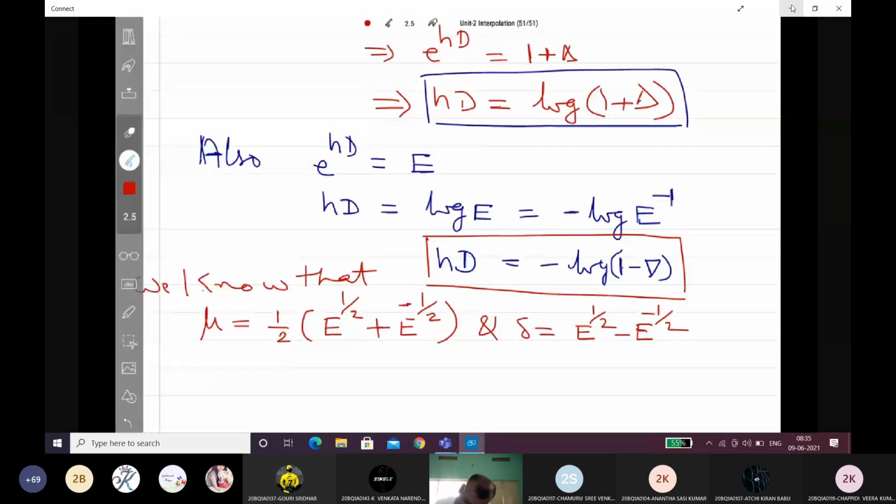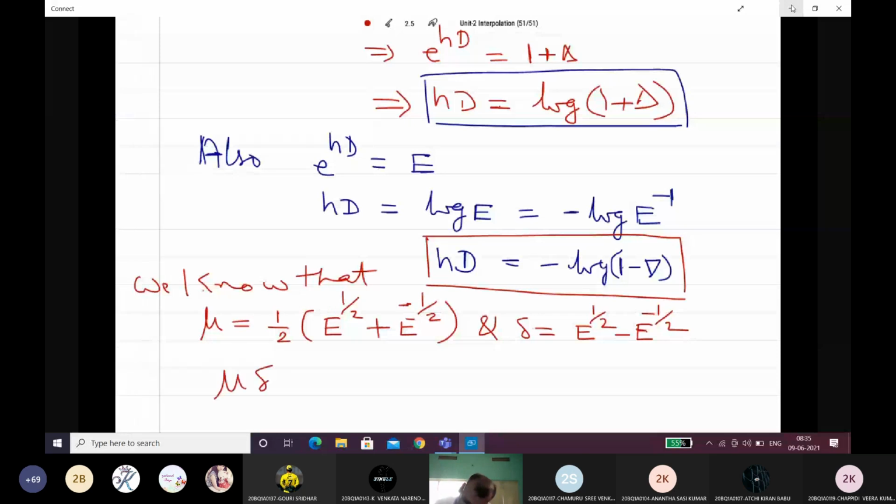Mu delta is equal to 1 by 2 into e power 1 by 2 plus e power minus 1 by 2 into the product of e power 1 by 2 minus e power minus 1 by 2.